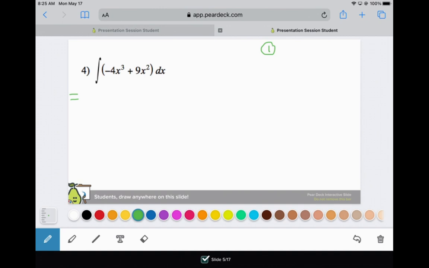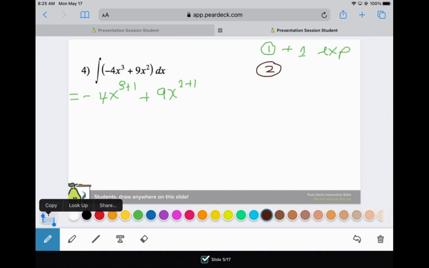Add 1 to the exponent. Thank you. For this the exponent is 3, so I'm going to do plus 1. This is 2 plus 1. So add 1 to the exponent. Good. Step number 2, what do I do? After I add 1 to the exponent, what do I do?